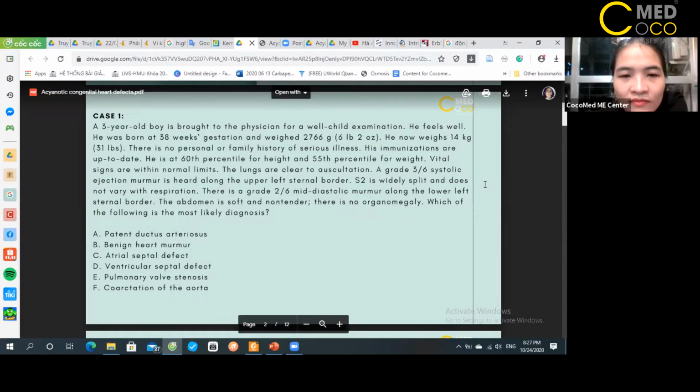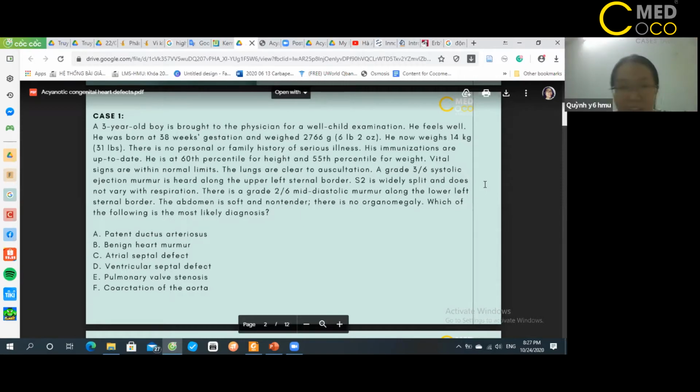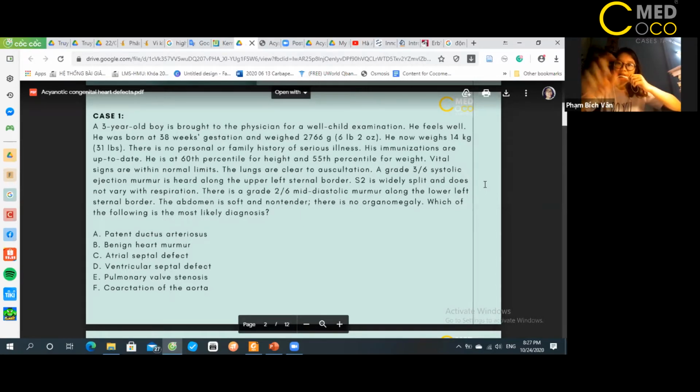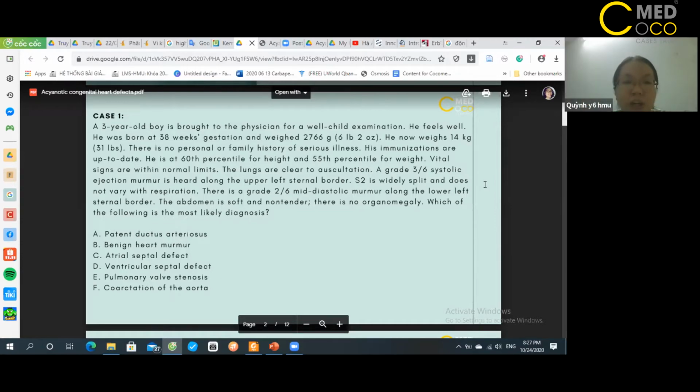Did you search for the word percentile? Yes, I know the meaning, but I don't know the normal range. Every child from the fifth percentile to the 95th percentile is in the normal range.